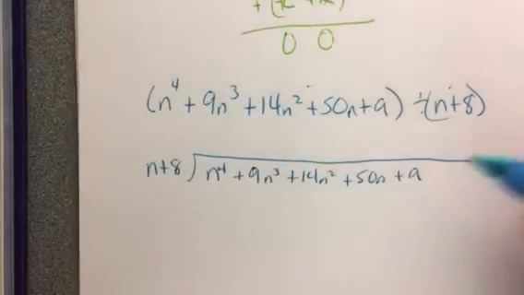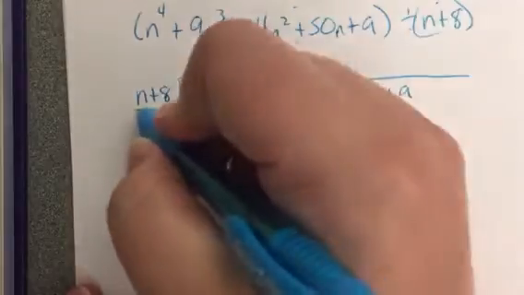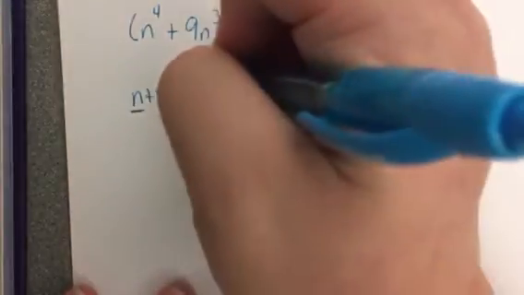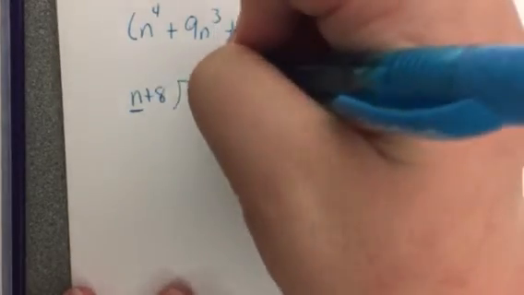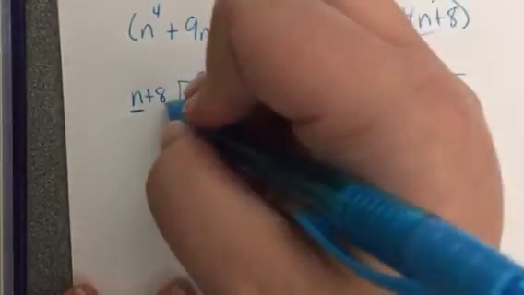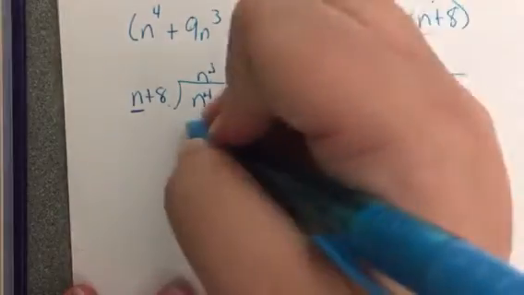All right, let's jump in. Remember, all we divide by is this first term. So n to the fourth divided by n is going to give us n to the third. n to the third times n is n to the fourth. n to the third times your 8 is plus 8n to the third.